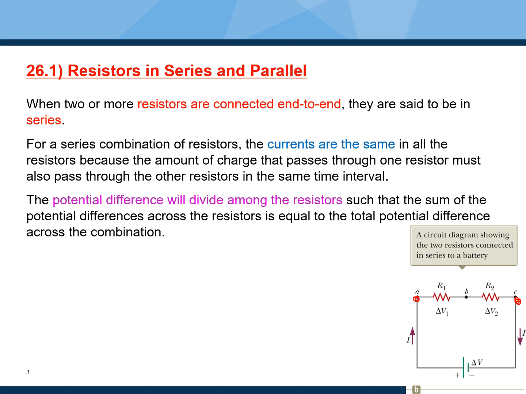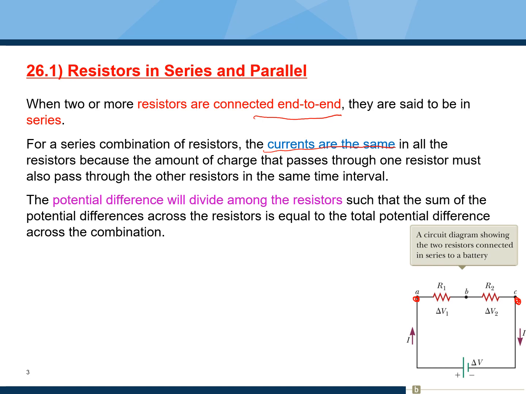So we realize one important fact about resistors that are connected in series: if current flows through the first resistor, the same current absolutely has to flow through the second resistor. That's what we mean by connected in series, namely they're connected end to end. So for resistors connected in series, the current flowing through both resistors is the same.